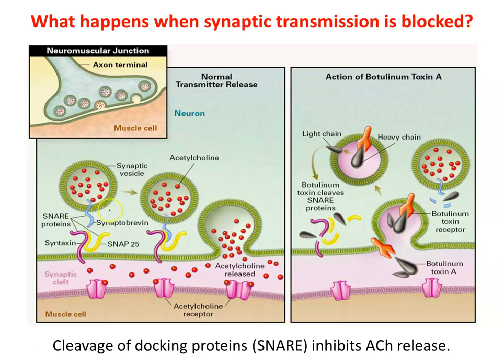Now look, this is a synaptic vesicle carrying acetylcholine, okay? And this could be anything, carrying any protein. In order to have exocytosis, I have to bring the vesicle down to the cell membrane, so the vesicle needs to touch the plasma membrane.